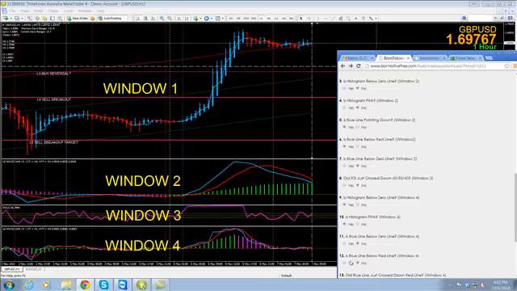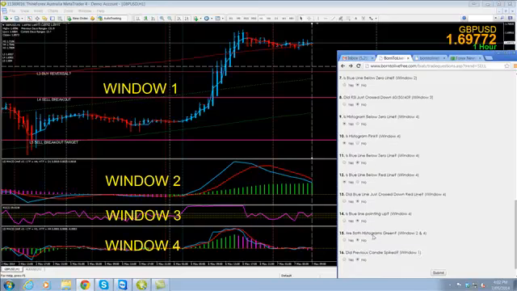We'd have to say no. Is blue line below red line? Yes. Question 14, is blue line pointing up? Blue line's definitely not pointing up, it's not pointing down, so we just stick that as no.